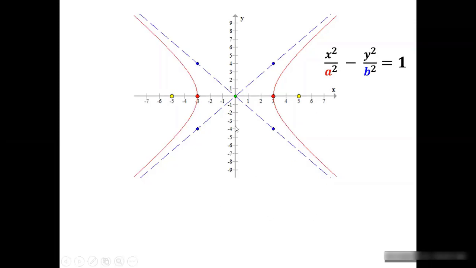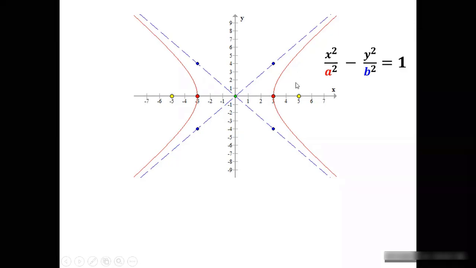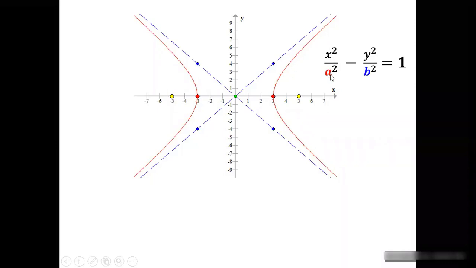And we're going to take a look at the graph of the first equation that we graphed. Notice that because it's opening left and right, that means that x is coming first. So this standard form indicates x squared over a squared, where the a value is telling us where the vertices are.